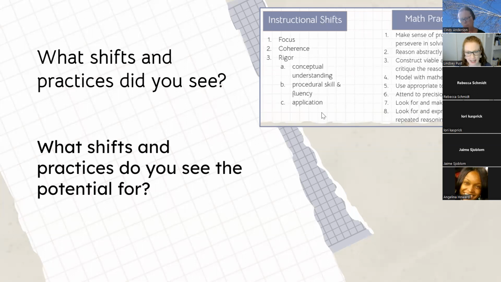So with something like that, what practices do you think students would be engaging in? And what shifts do you think might be part of that kind of activity?